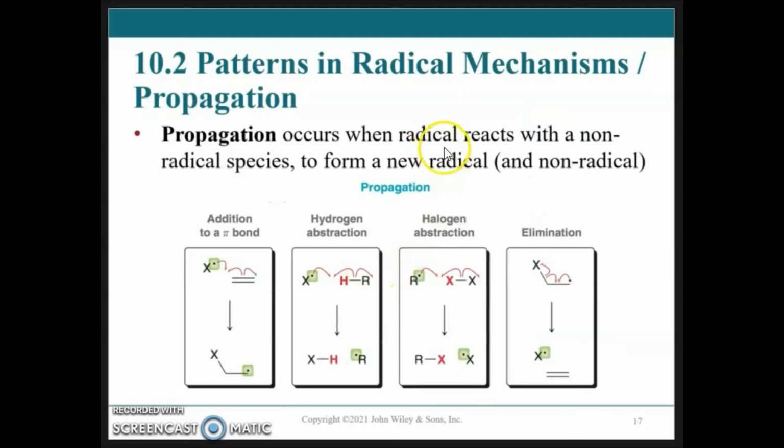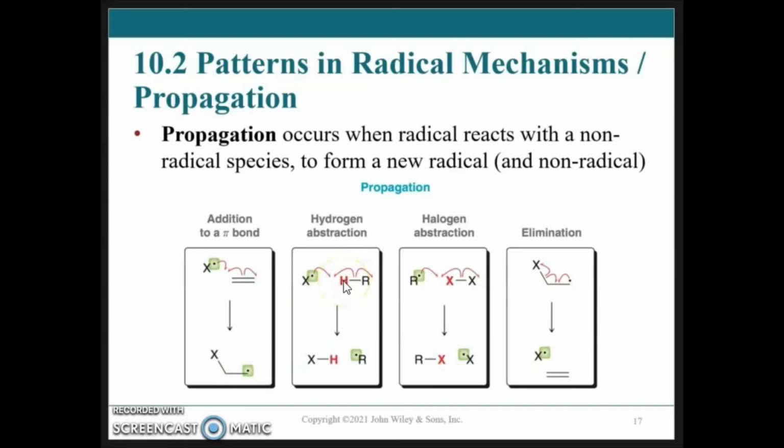We have propagation, and in a propagation step, there's no net loss or gain in the number of free radicals. The identity of the radicals is going to change, but the number on the product side and the reactant side is the same. So there's no net change in the number of radicals. When we have addition to a pi bond, we still have a radical species.